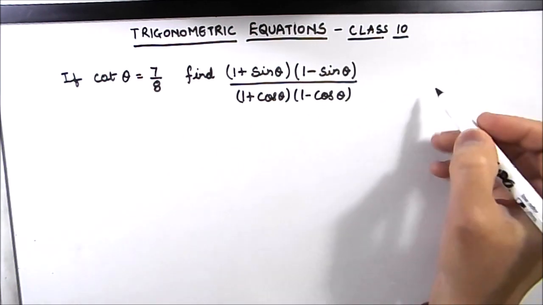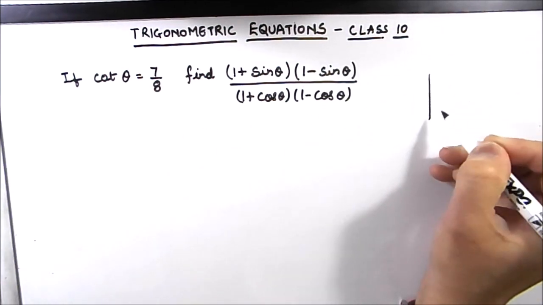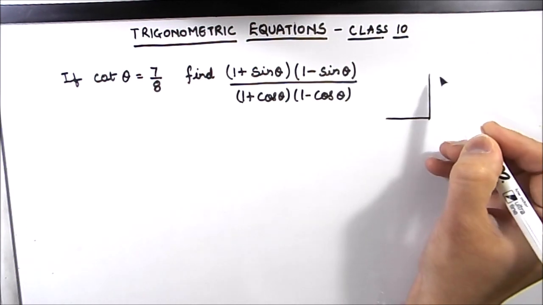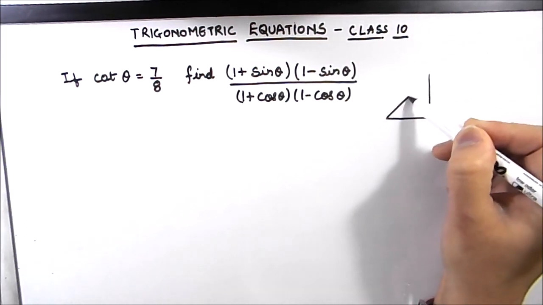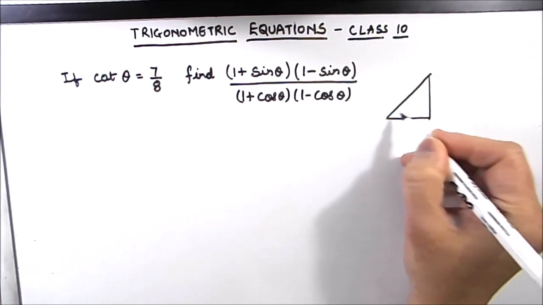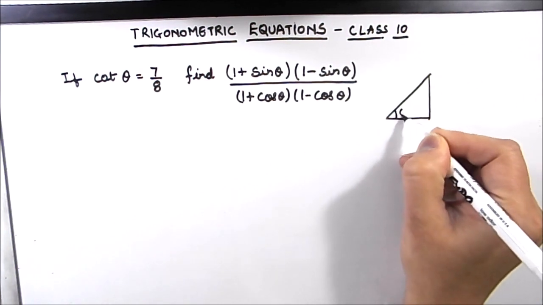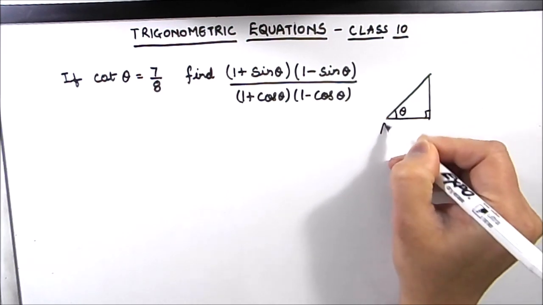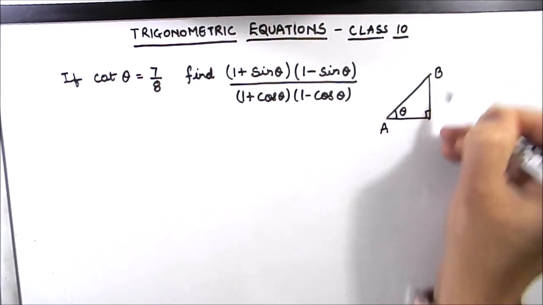For this type of question, whenever a trigonometric value of sine, cos, tan or any of the trigonometric ratios is given, we are going to first make a right triangle where we will make angle theta as the base angle, and then we'll name the triangle as ABC.